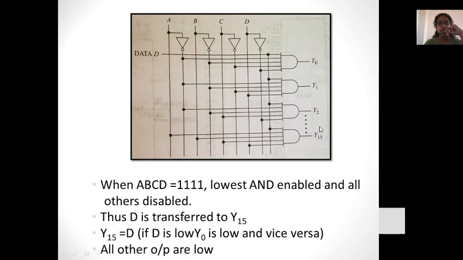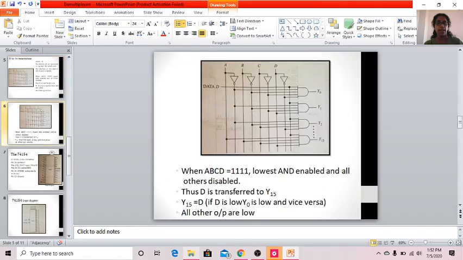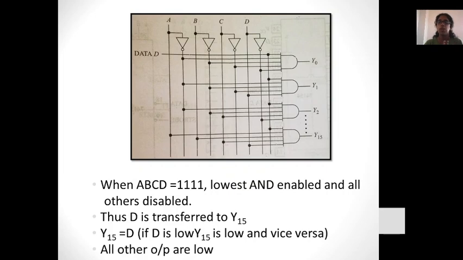So Y15 now becomes D, and if D is low, Y15 is low and vice versa. And all the other outputs remain low. I hope you understood the working of a 1 to 16 demultiplexer. Here you can see that one data D is transferred to Y0, Y1, Y2, up to Y15 depending on the ABCD values.